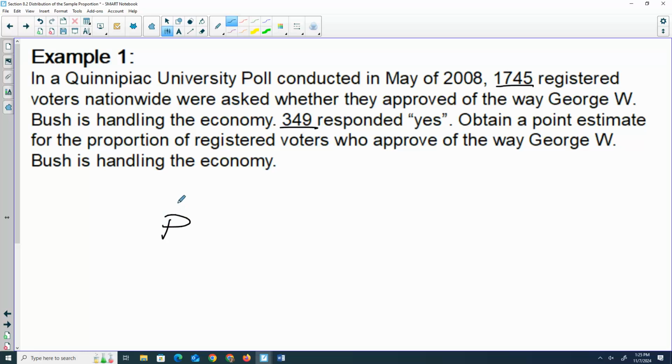So we want the point estimate, p hat, X over N. We are measuring those who approved. So how many approved? 349 out of how many total?